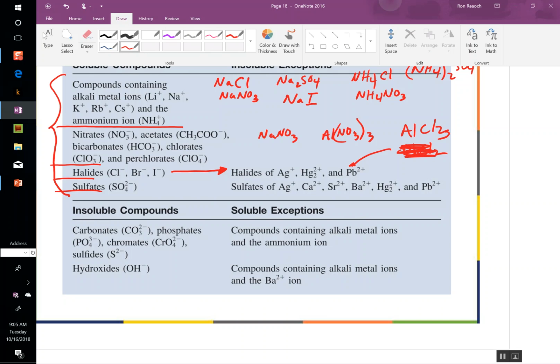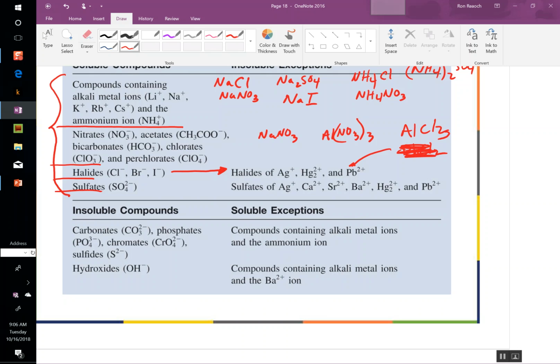Now when you go down to this portion, these things are generally not soluble, except, now look at carbonates. So calcium carbonate, magnesium carbonate, not really generally soluble in water.